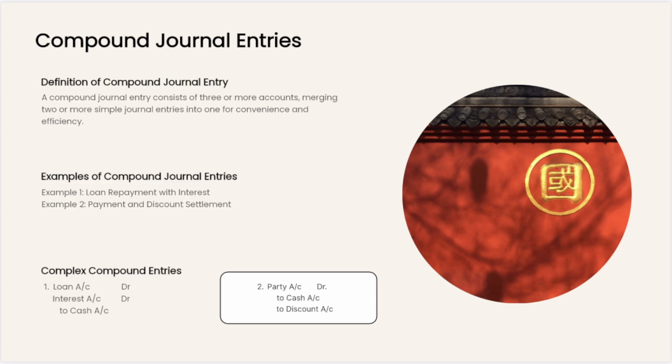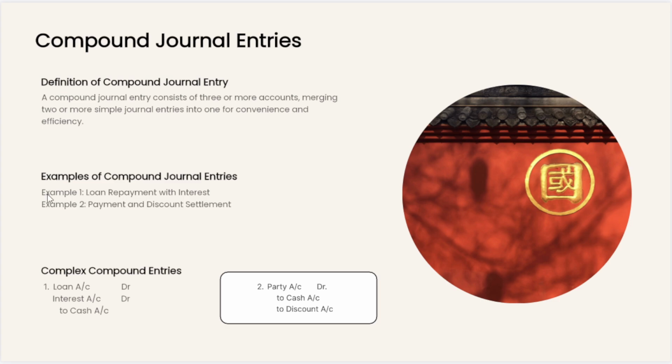For instance, money paid to Krishna and money paid to Venkat. Why should we write two entries, Krishna account debit to cash, Venkat account debit to cash? We combine it: Krishna account and Venkat account debit to cash. So two accounts come on the debit side and one account on the credit side.